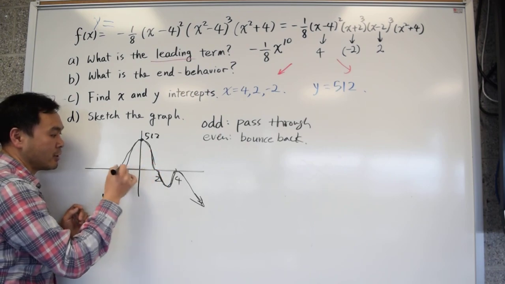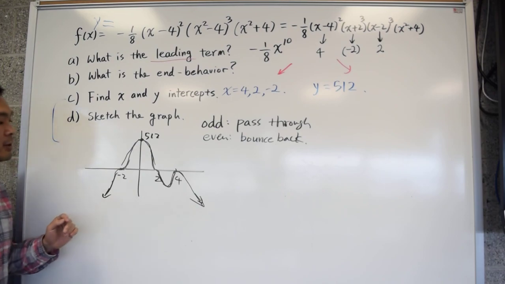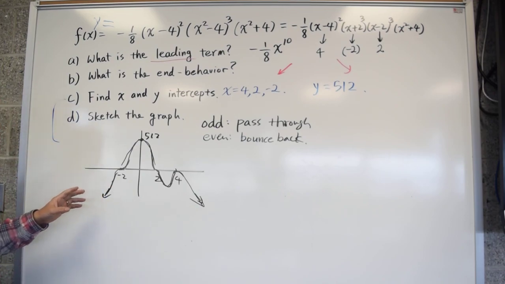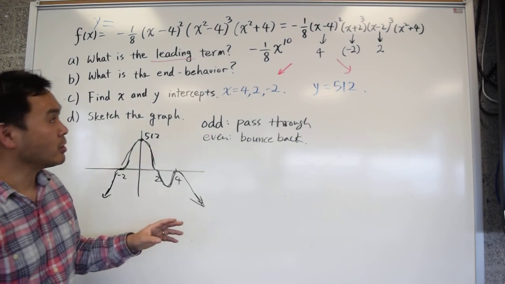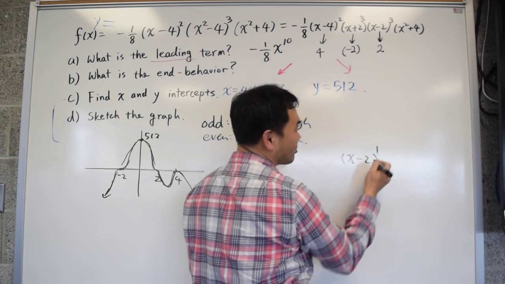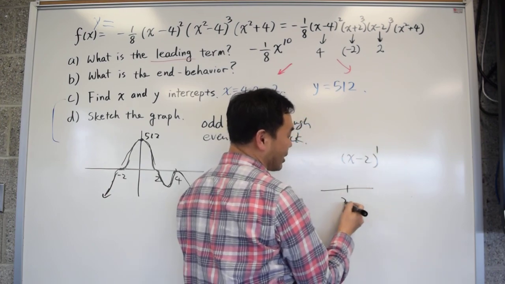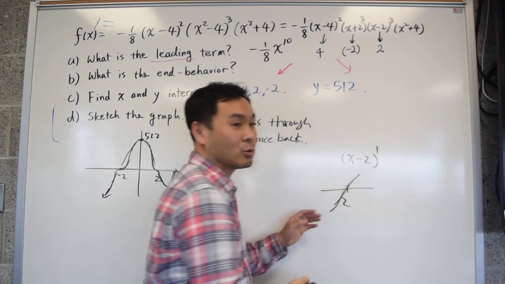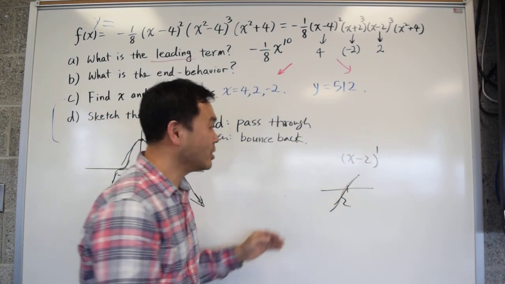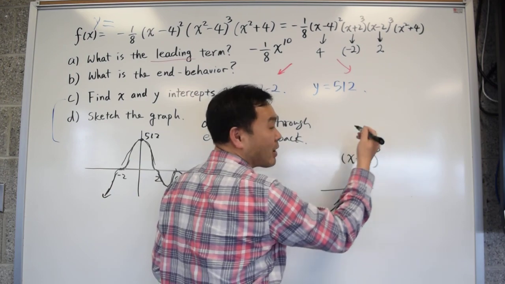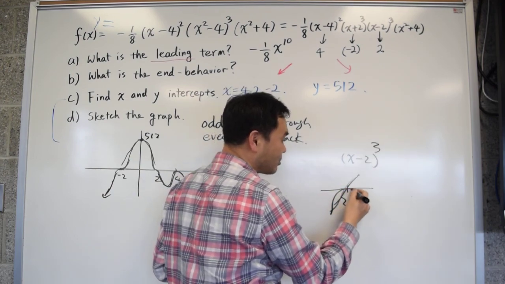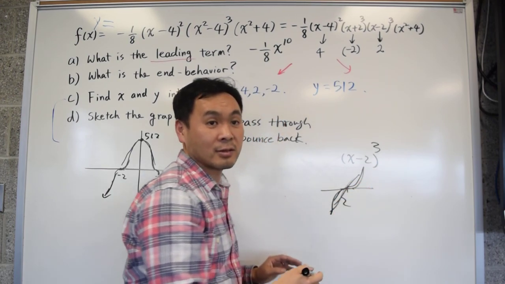And that's what happens if your powers are more than 1. So if it was just simply x minus 2 to the first power, then at 2 it just passes through without showing any kind of changes. But if you have 3 or 5 or 7, any other higher odd numbers, then it does this and goes up. Okay? Yes, you have a question?